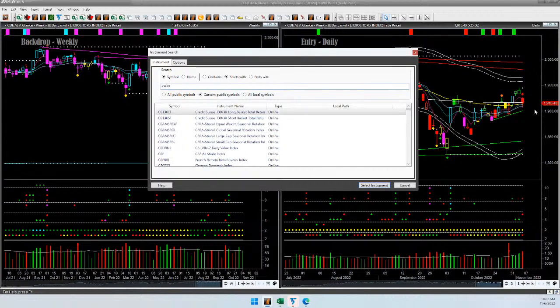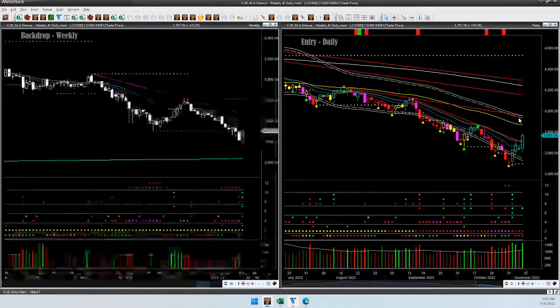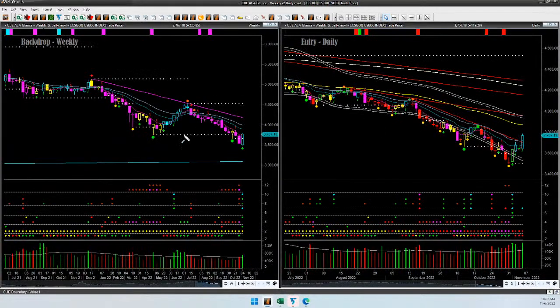China CSI 300 index. This was the worst performing global market among the markets we study. It was sharply going down. Then something interesting happened, and you will see how the Q signals play out time and time again.